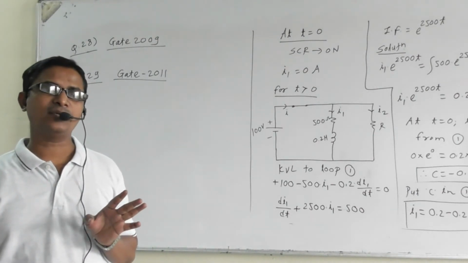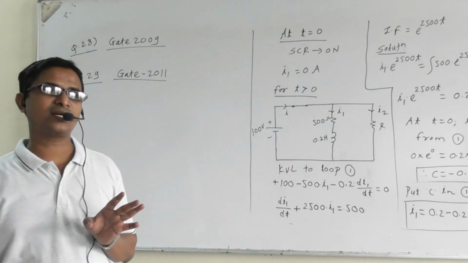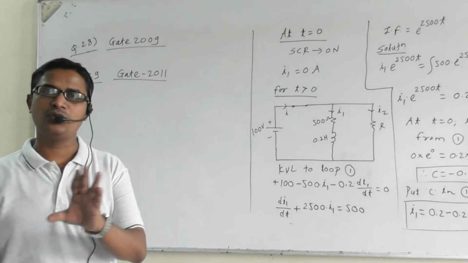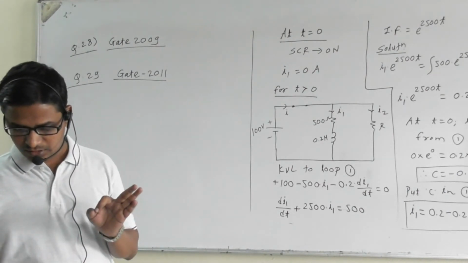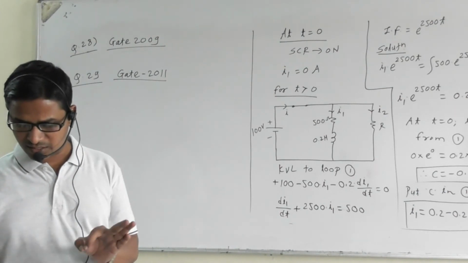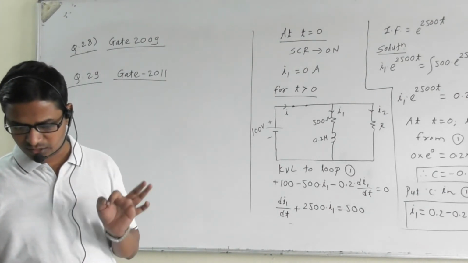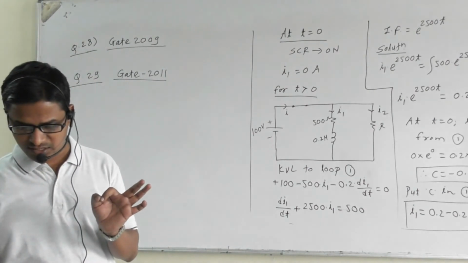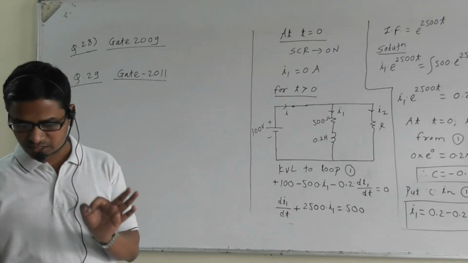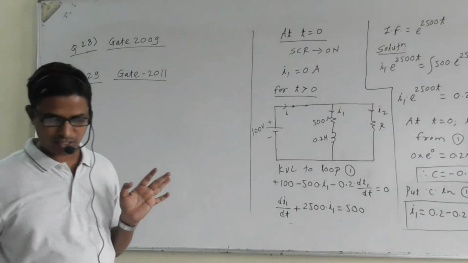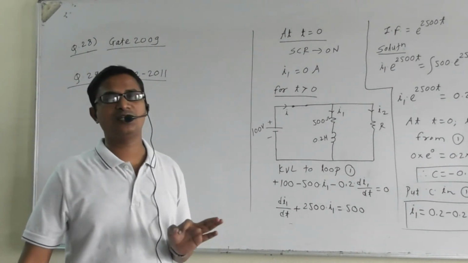Is it correct? No. Third, the time for which the SCR is reverse biased by the commutation circuit. And fourth, the time for which the SCR is reverse biased to reduce its current below the holding current. Please check option C and option D.